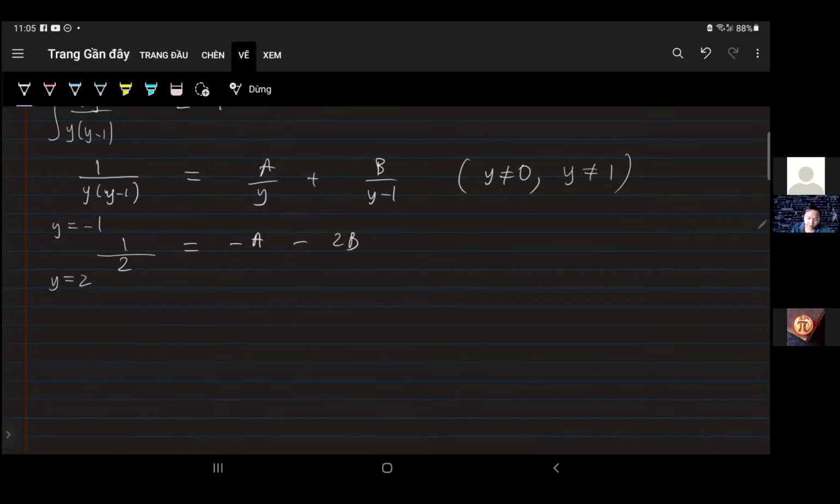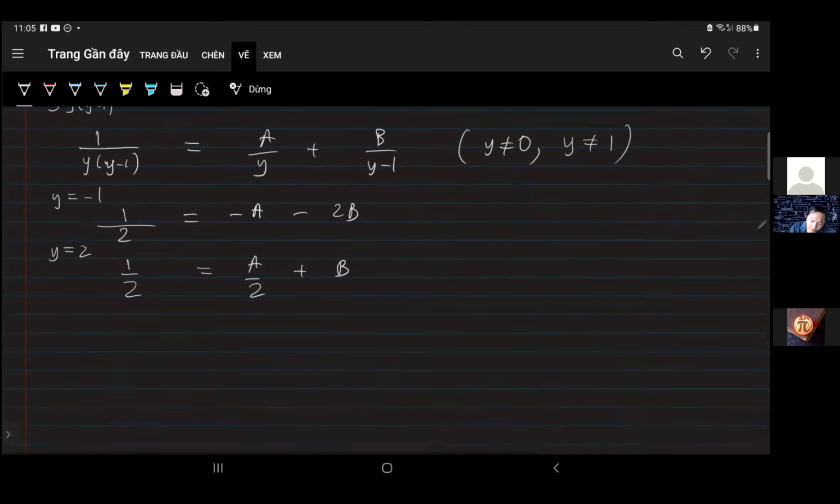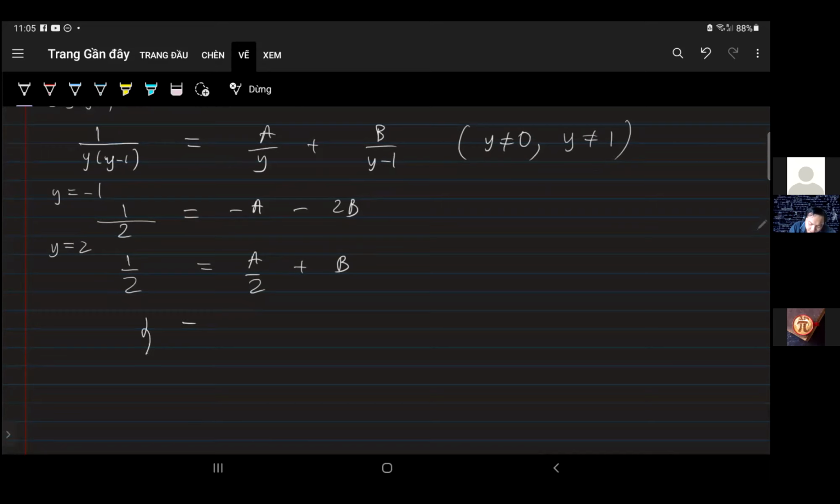So what do I have on the left? 2 times 2 minus 1, which is 2 to the 1/2, so 1/2 again equal to a divided by 2 plus b. Okay, it's beautiful. So now just write -a minus 2b equal to 1/2 and a over 2 plus b equal to 1/2.